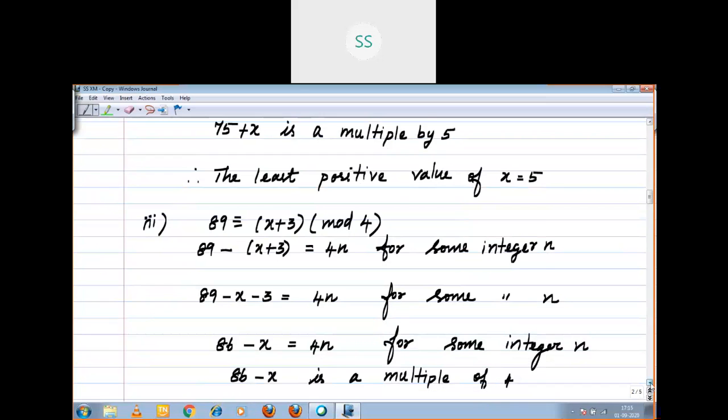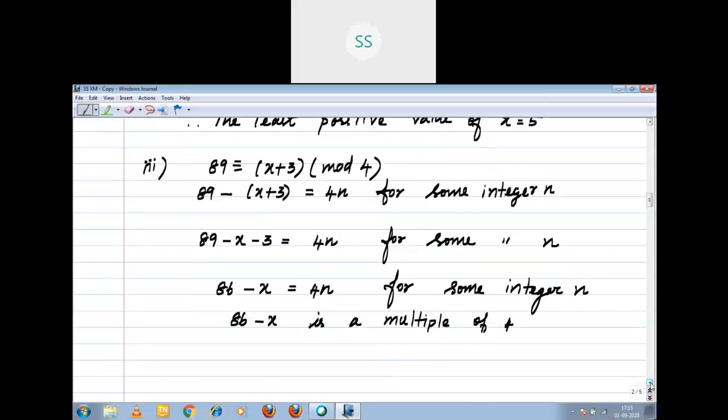Got it, children? If you substitute x equal to 2, you will get 84, then you can write multiple of 4. Therefore, x is equal to 2 is the least positive value. Got it, children?